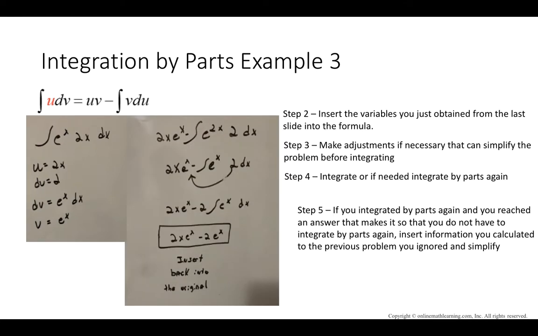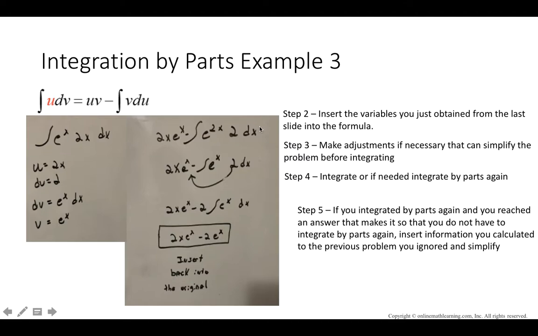What did I do? I inserted it back into the equation. My u is 2x, my v is e to the x, minus the integral of my v, e to the x, times my du, which is 2 dx.